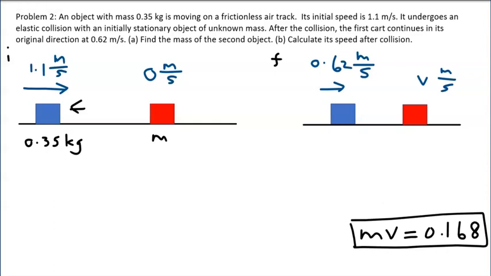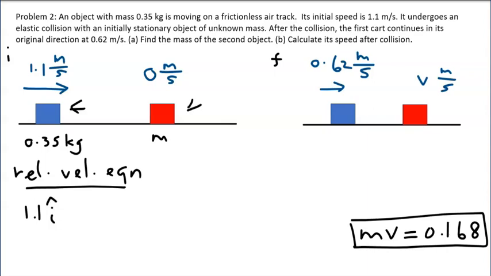Now let's use the relative velocity equation again. What that equation says is the velocity of the blue object relative to the velocity of the red object prior to collision, which is 0, equals the velocity of the red object relative to the velocity of the blue object after the collision.